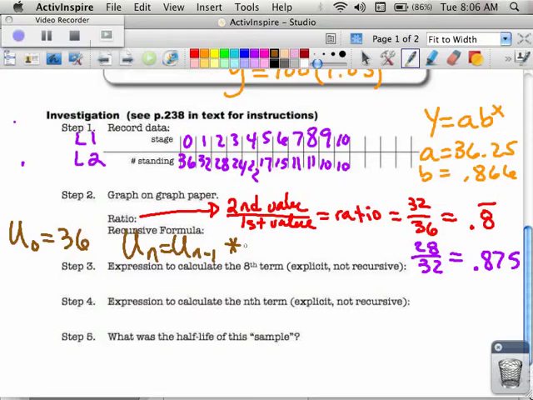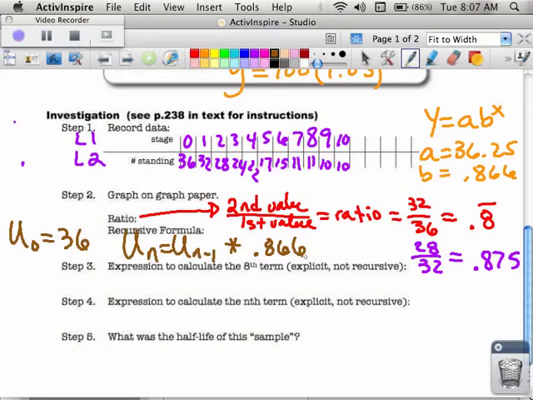We could have used the 0.875. Or we can trust our calculator to come up with the best number, which in this case is 0.866. And what that means is that for each subsequent number in my second list, which are my dependent values, on average, I'm going to be taking 0.866 times the previous number.